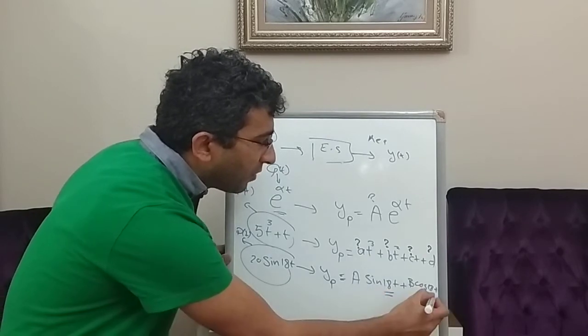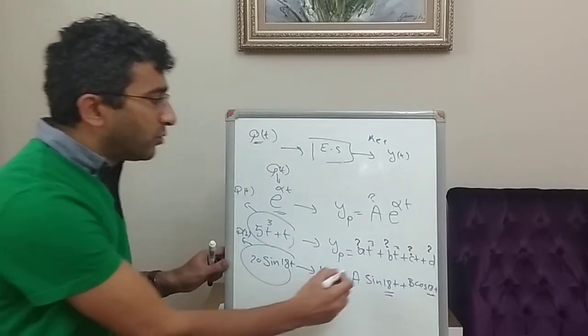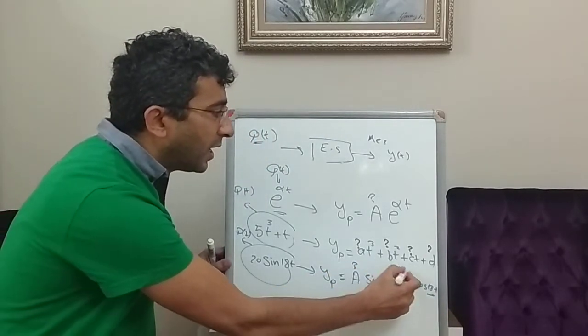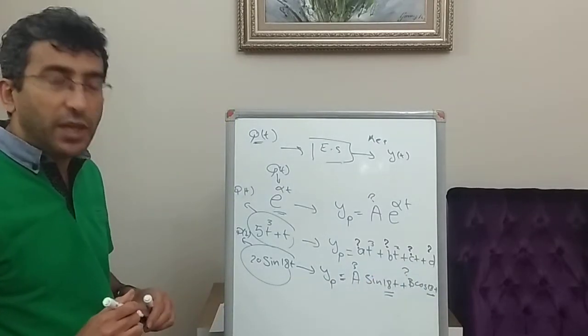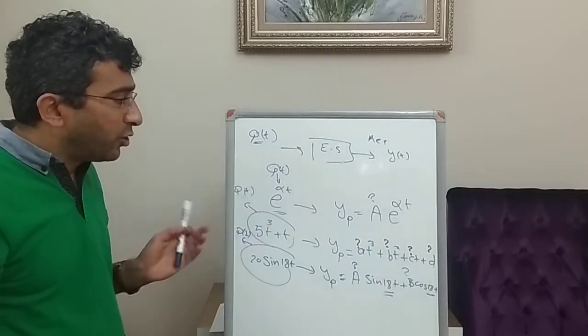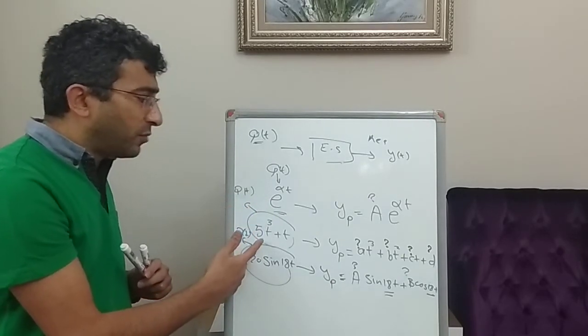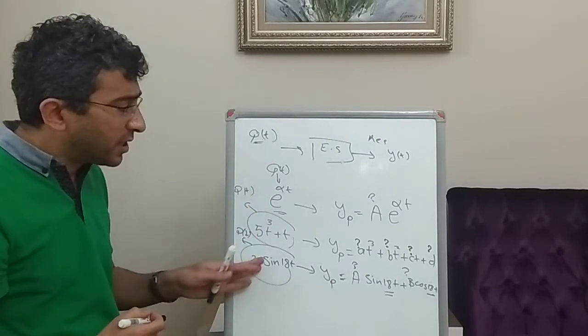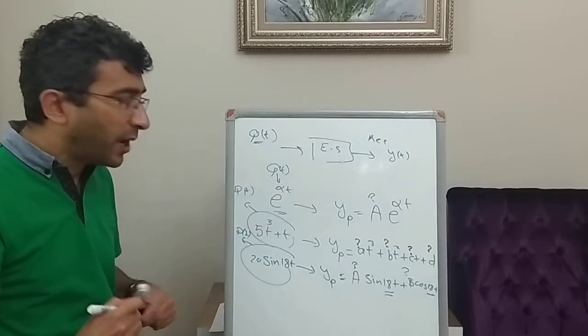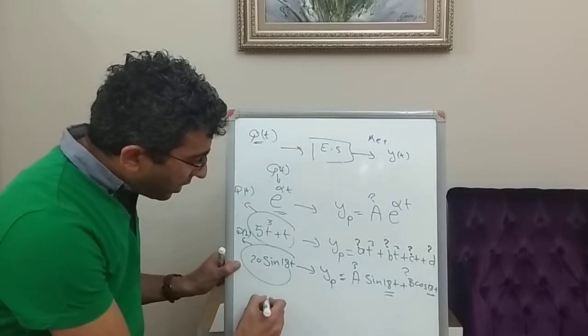You should have the same angular frequency, and you don't know the coefficients a and b. And lastly, you may have a combination. So it works with exponentials, polynomials, and sinusoids. This can be sine and cosine. So it can also be a combination.